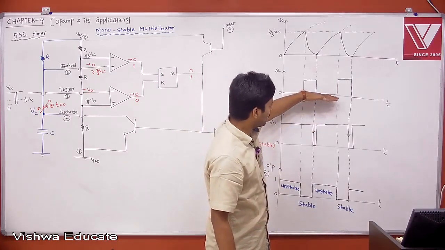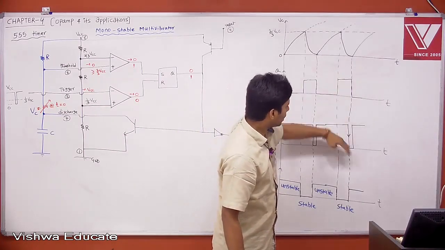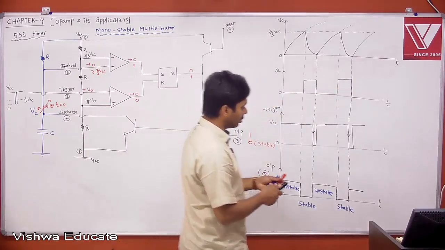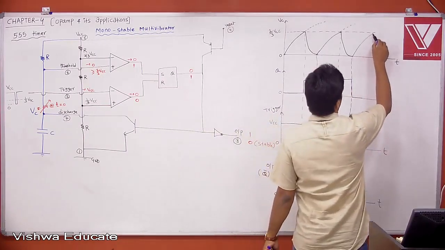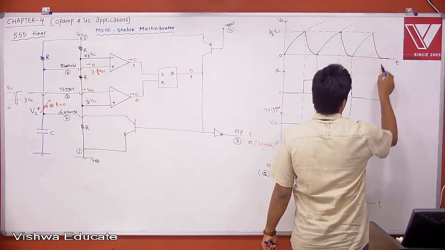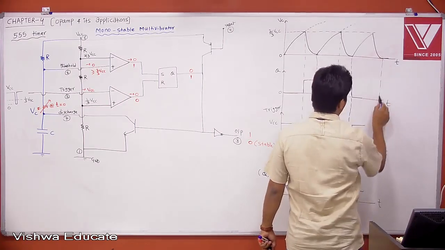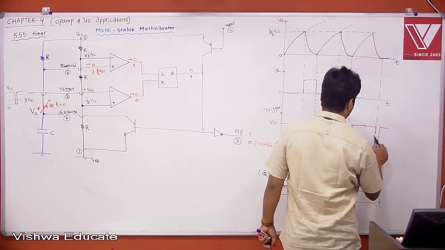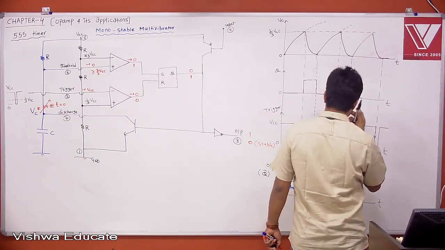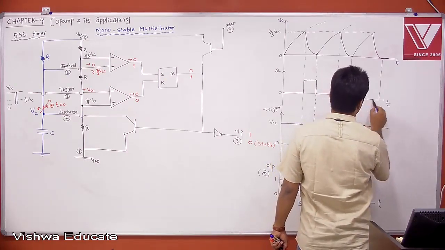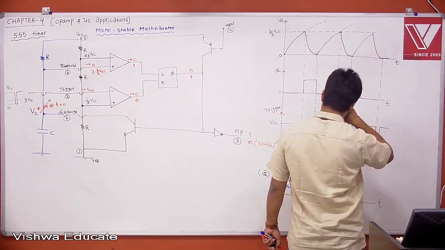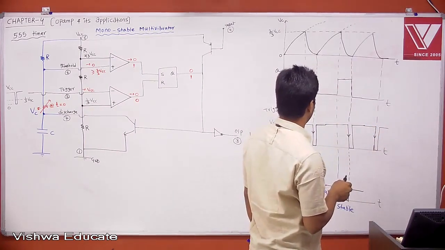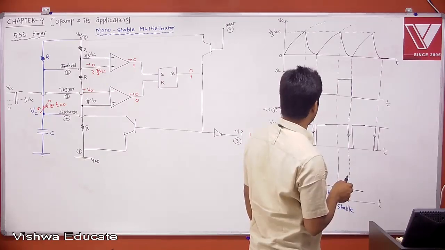Now, whenever trigger applies, then the output is changing. Again, it is coming to 1. Again, whenever trigger applies, your output is changing. If I continue for one more cycle, it will be discharged immediately. Then again, when you apply trigger, until that trigger applies it will be 0, and after some time it will be 1.